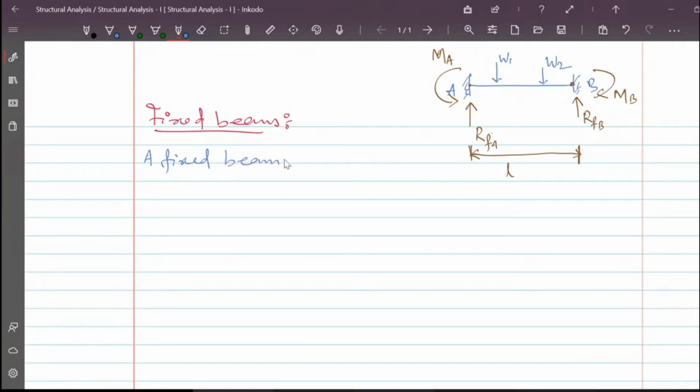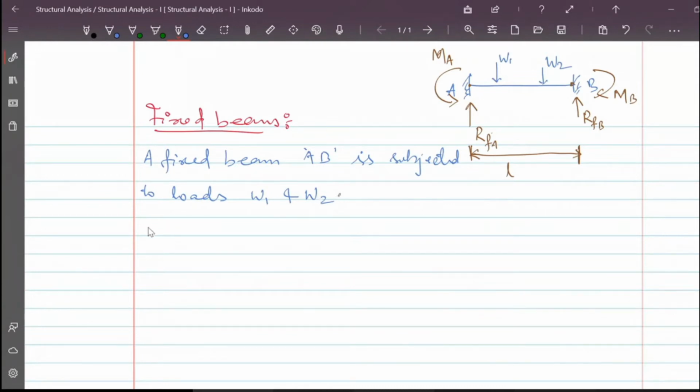So let us say a fixed beam AB is subjected to loads W1 and W2. I have not mentioned the distance between these two loads and so on.